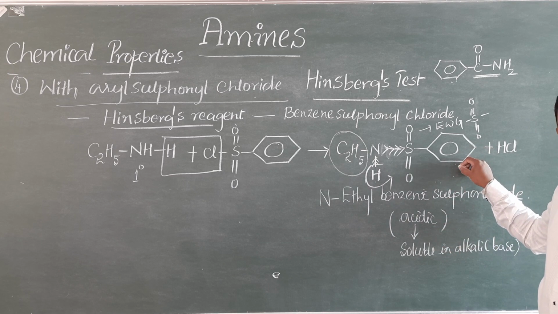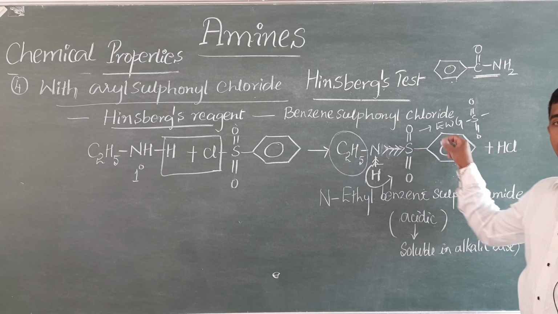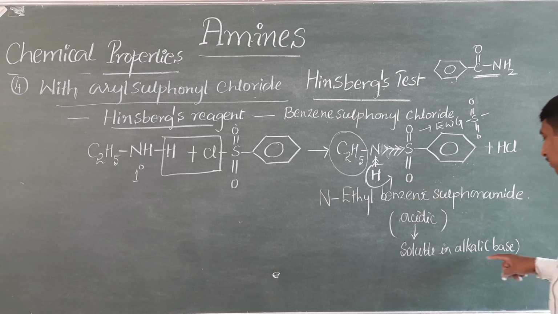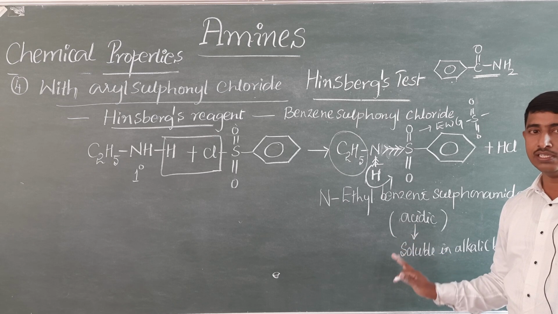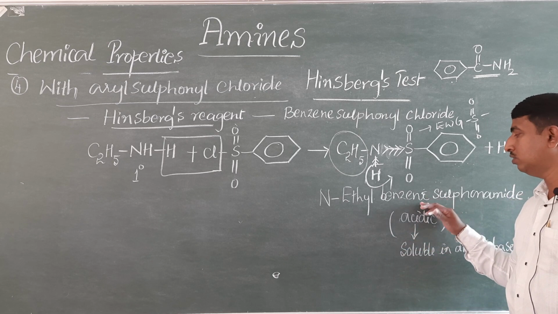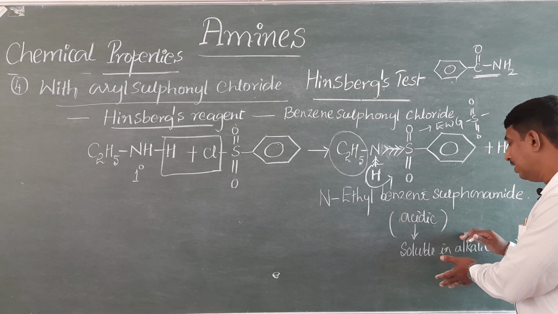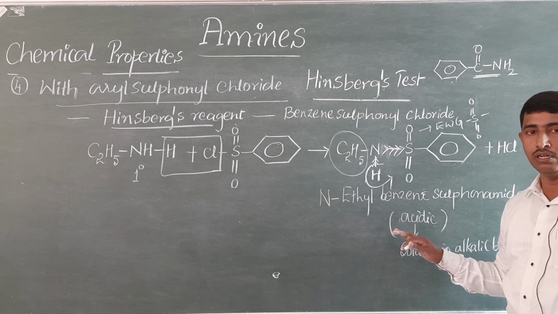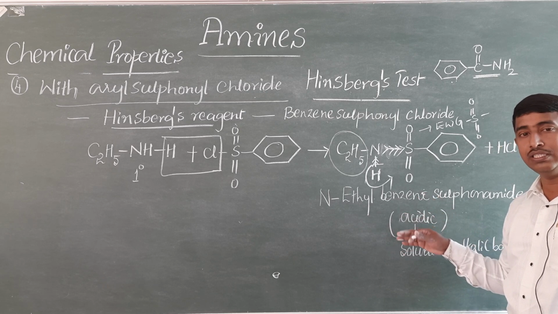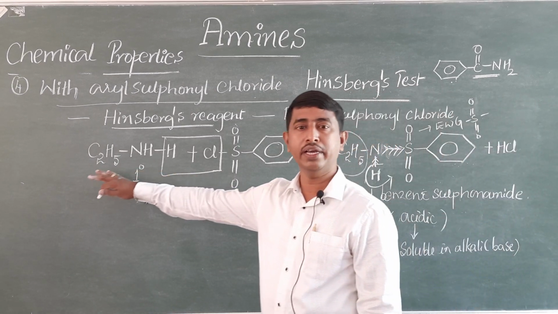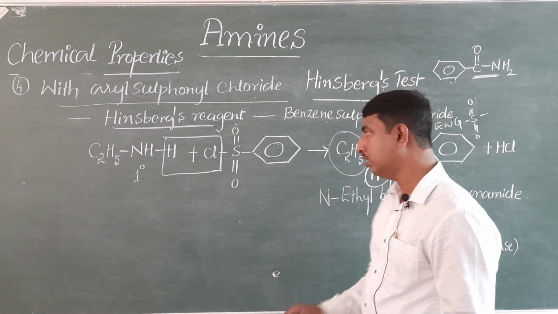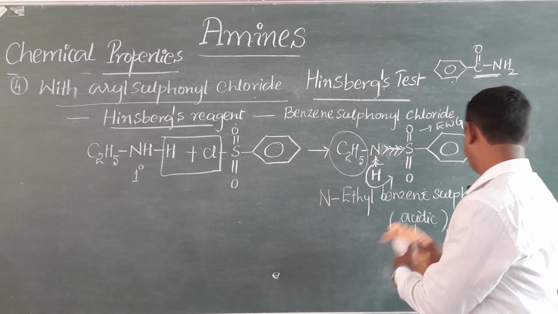Since this compound is acidic, when we add a base, or an alkali, this compound dissolves. An acidic compound always dissolves in a basic solution. So if the given compound dissolves in alkali, then it is clear that the given amine is a primary amine.